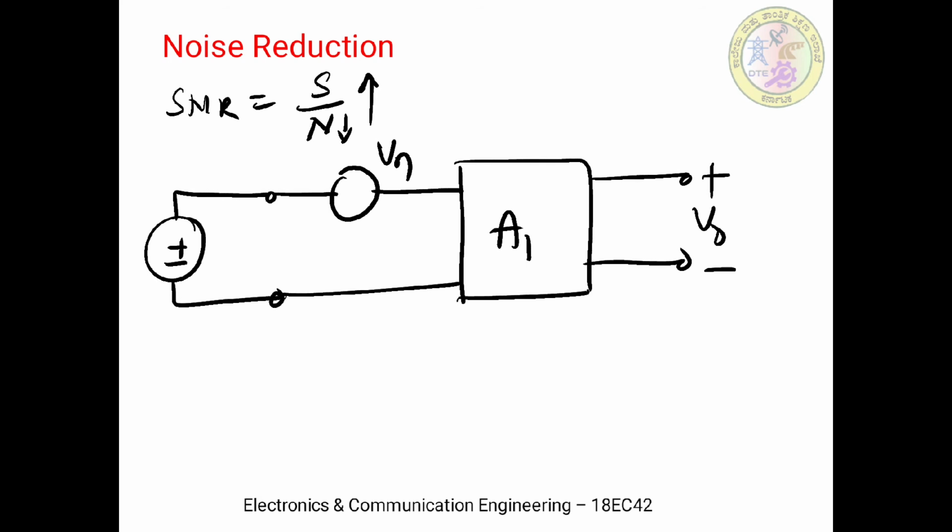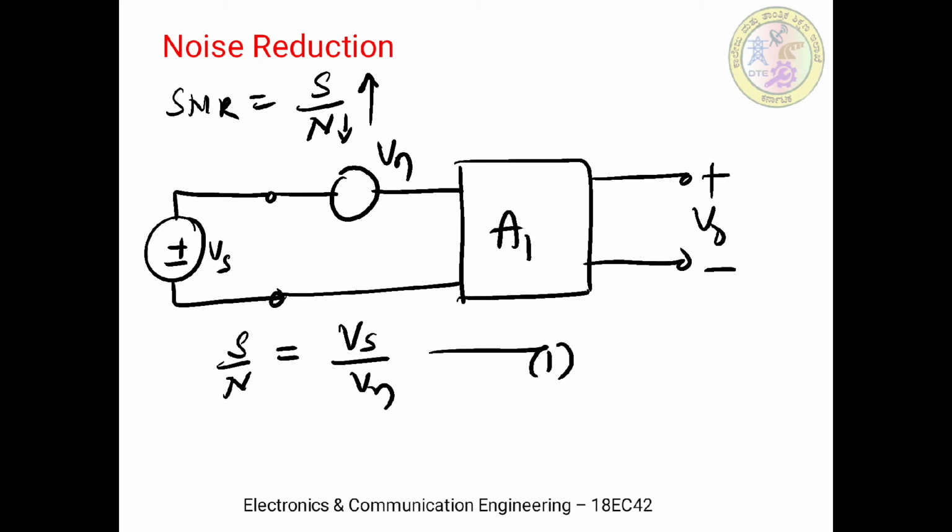Vn represents the noise here, and A1 is the amplifier gain, and Vs is nothing but the signal. In this case the noise is assumed to be introduced at the input side of the amplifier, and therefore the total signal to noise ratio, S by N, will be given by Vs divided by Vn. In a very basic configuration as shown in this picture, the signal to noise ratio is simply Vs by Vn.